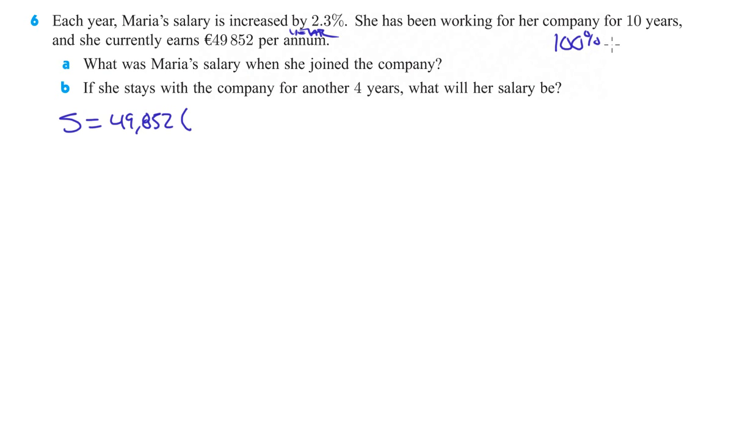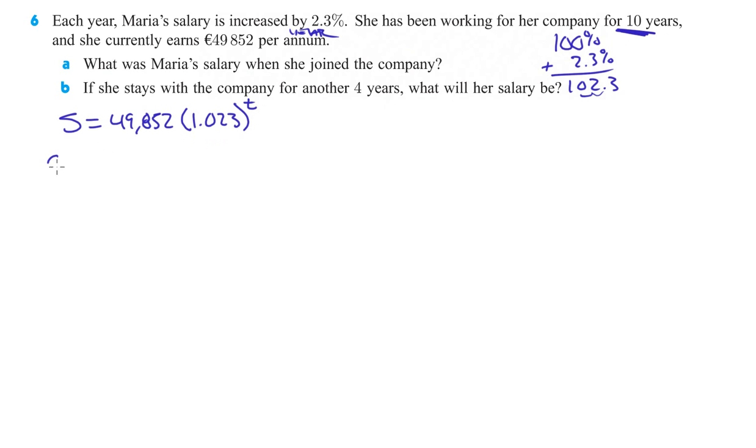We've got 100% plus 2.3% is 102.3, which means that this growth factor is going to be 1.023 to the t for time, which will be years. Okay, so that's her formula from where we're at right now. So she's been working for the company for 10 years. So we want to go back in time 10 years to see what she was making.